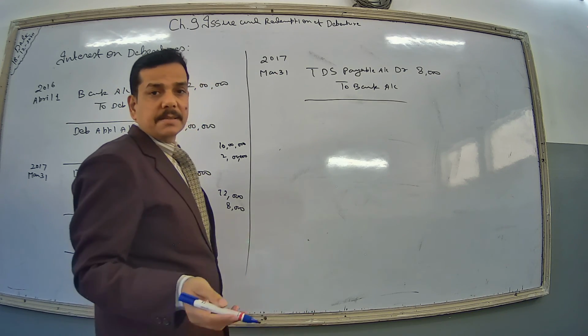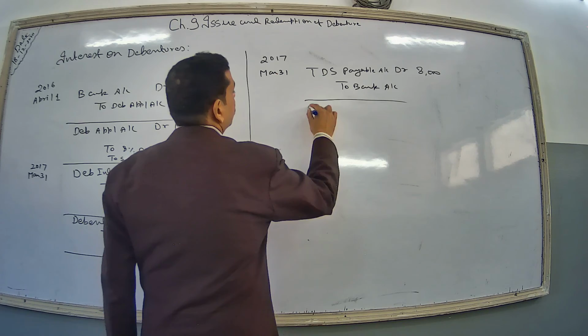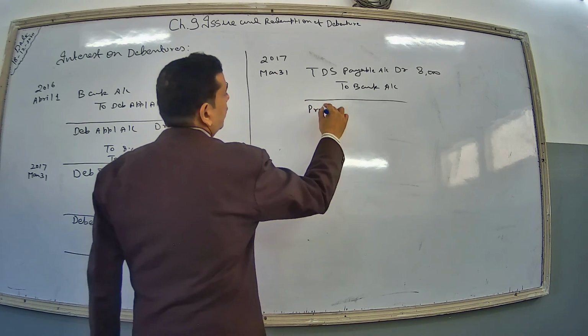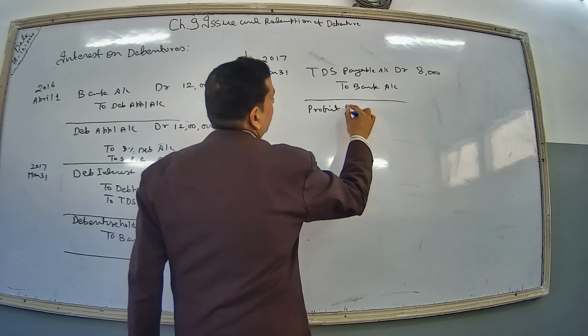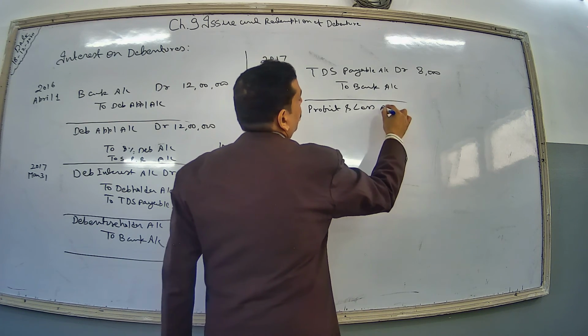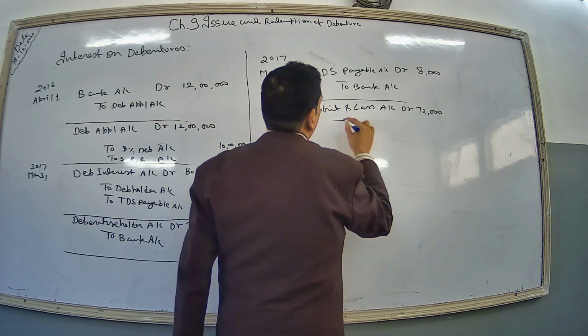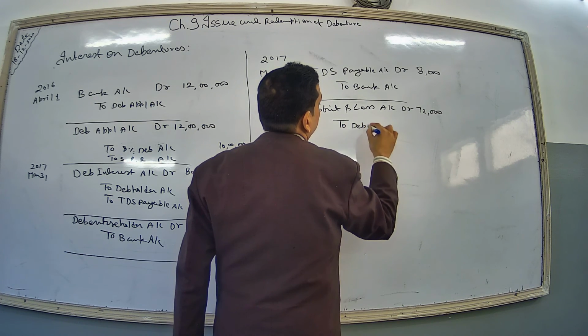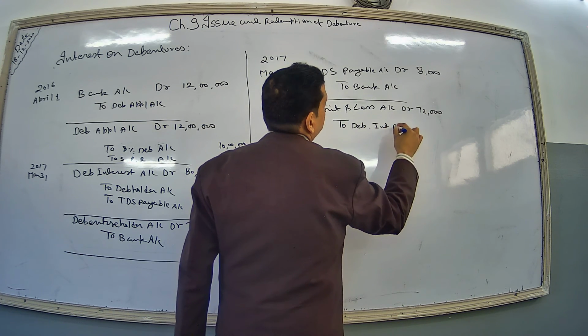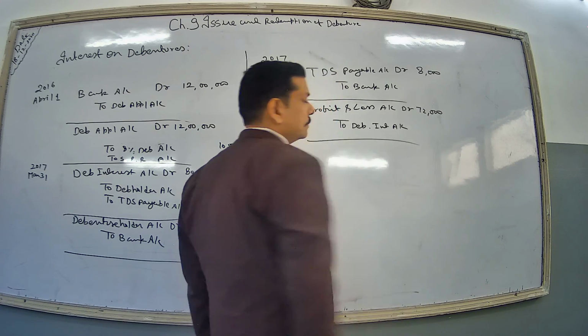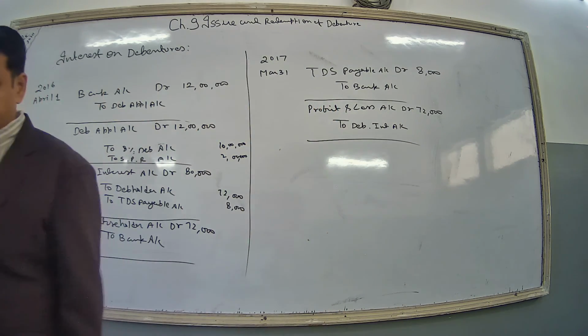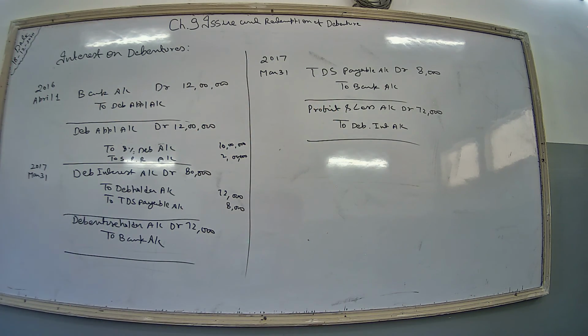At year end debenture interest is transferred to the profit and loss account. So here we will pass another entry, profit and loss account debit 72,000 to debenture interest account. Okay. Being the interest on debenture transferred to the statement of profit and loss account.